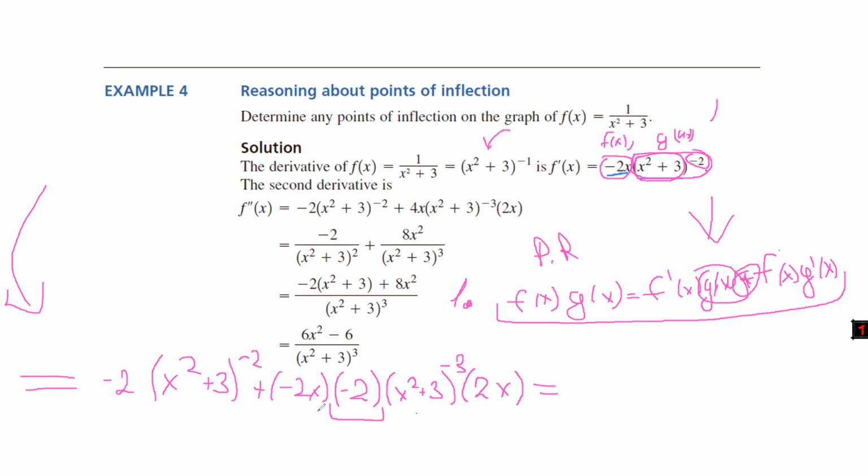And now let's simplify it. Do you need help to simplify it? No, I can simplify it. Can you explain to us? Just collect all the like terms.